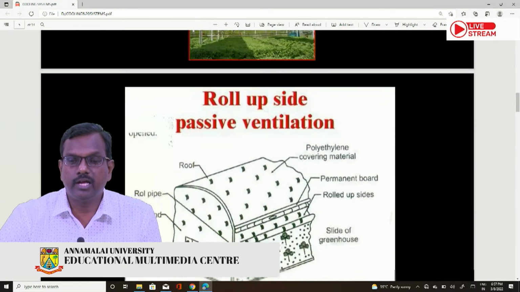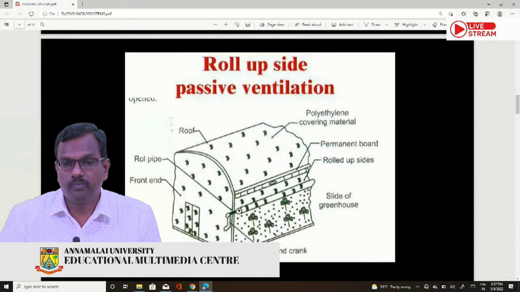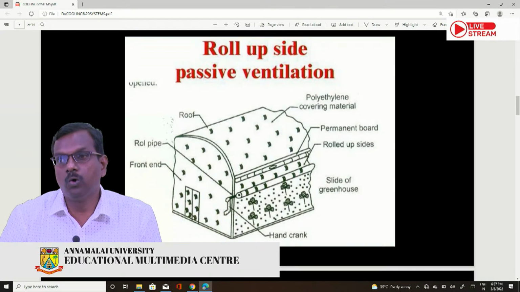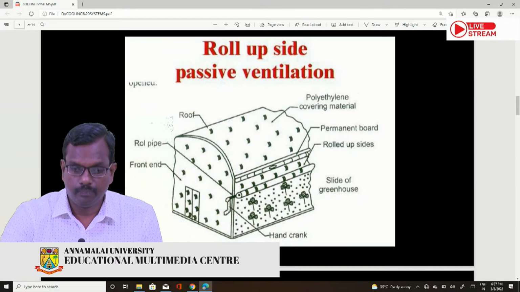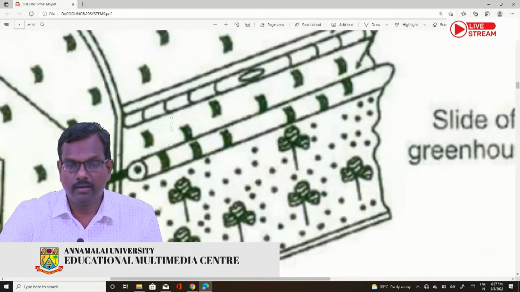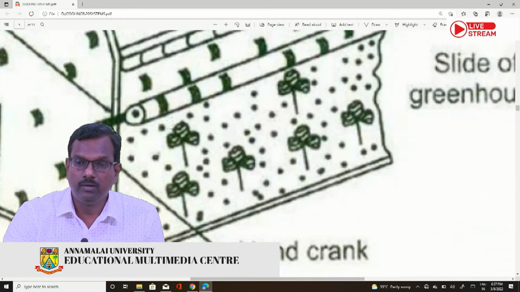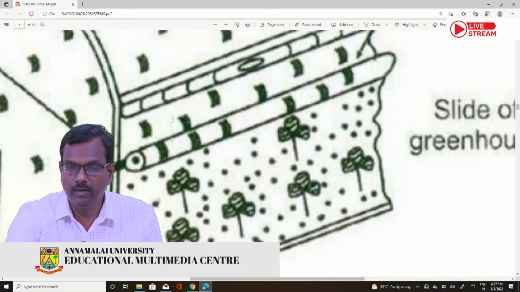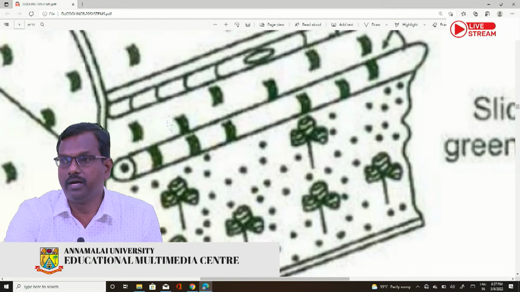Then comes the next type of natural ventilation, which is called as roll-up side ventilation. In this, we are having the sides opened with the help of a shutter or a crank. So here is a handle. You can see this roller can be operated and it can be moved up or down.